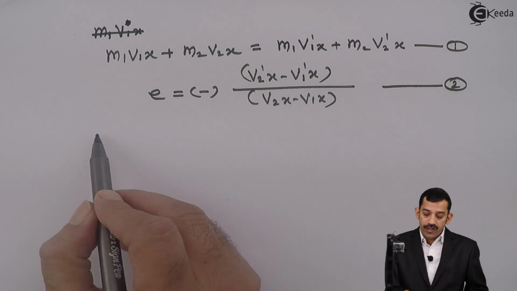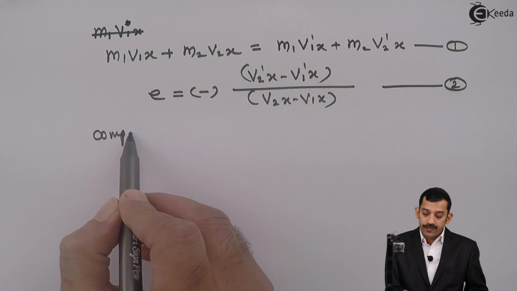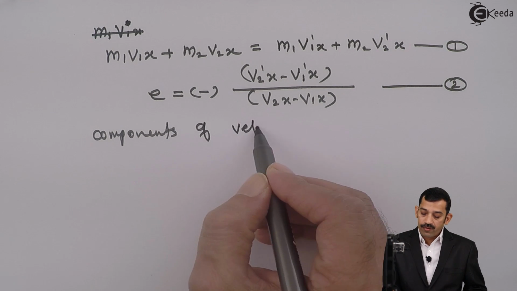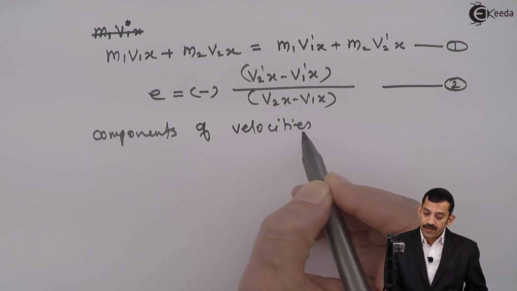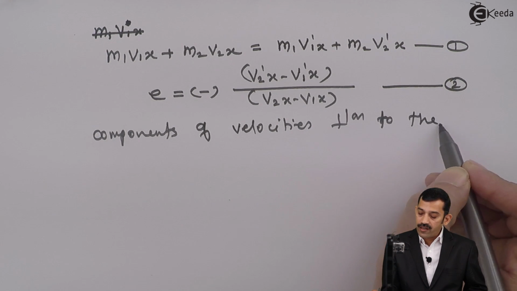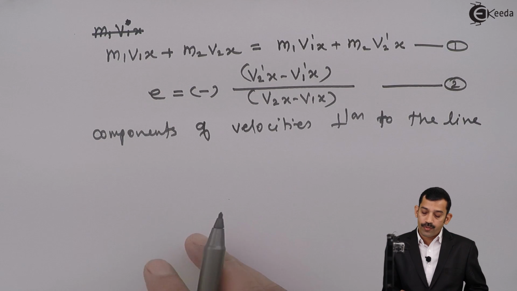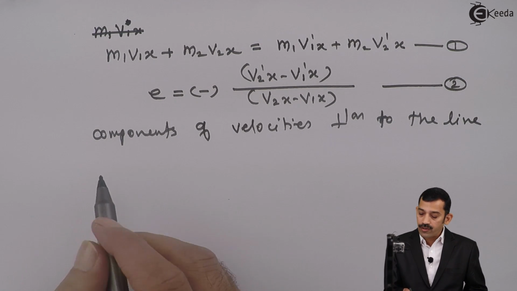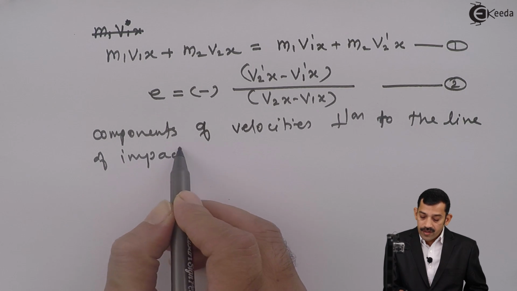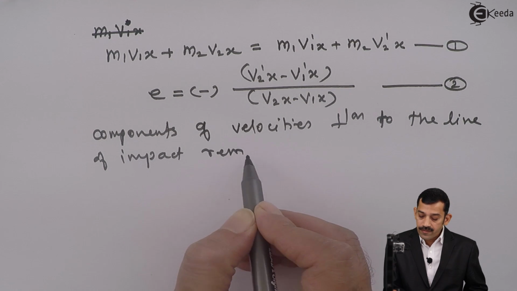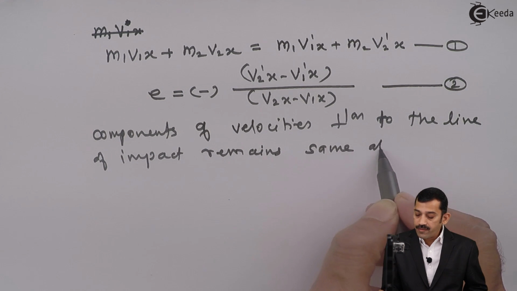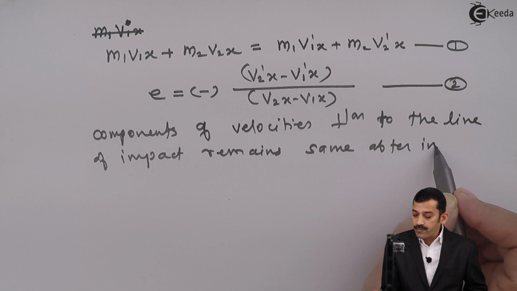But which other components remain the same? The components of velocities perpendicular to the line of impact remain the same after impact.